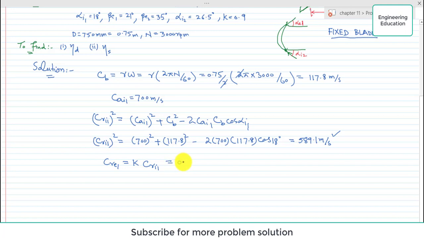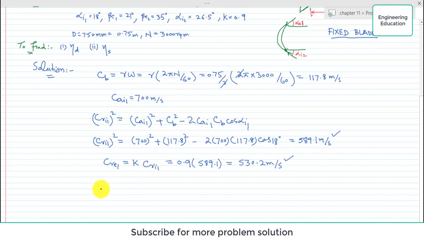So K is 0.9 and CRI1 is 589.1 meter per second. Multiplying this, we get 530.2 meter per second. So this is the value of CRE1.